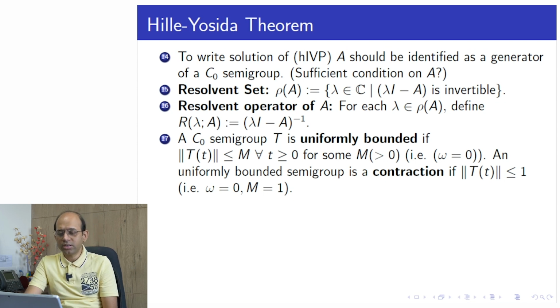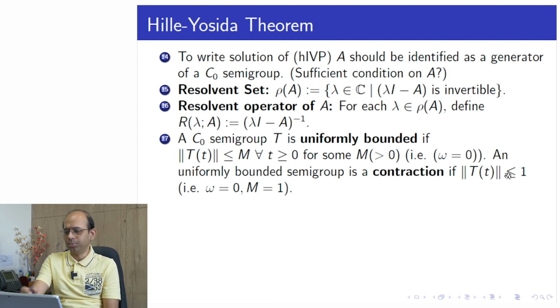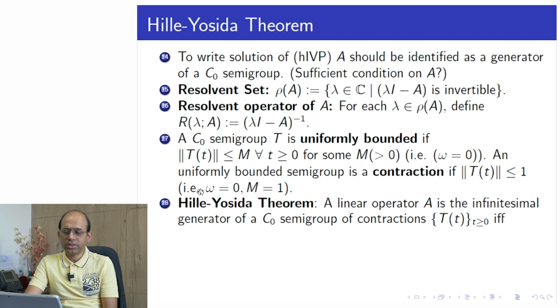Contraction mapping, I think many of you have already seen in other contexts. This definition quite coincides with that, but sometimes the contraction definition involves the norm of T(t) strictly less than 1, so in some textbooks it differs a little bit. I am following this definition from the book by A. Pazy.